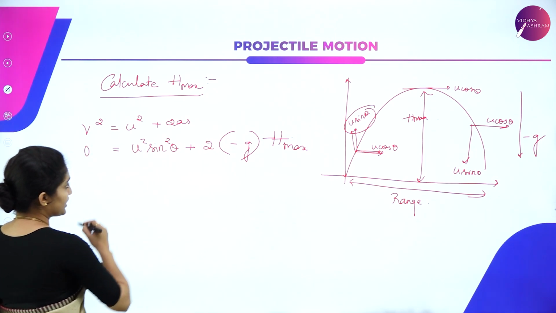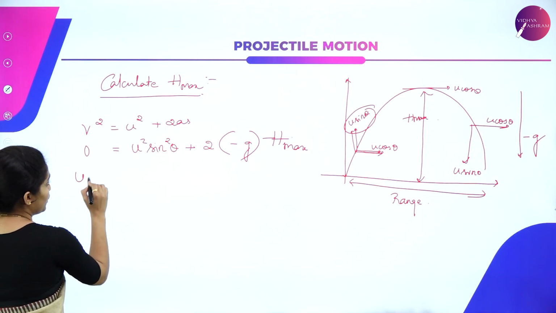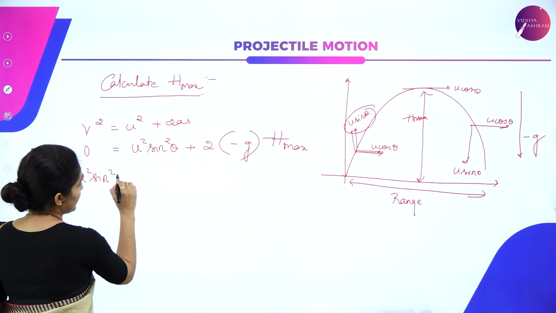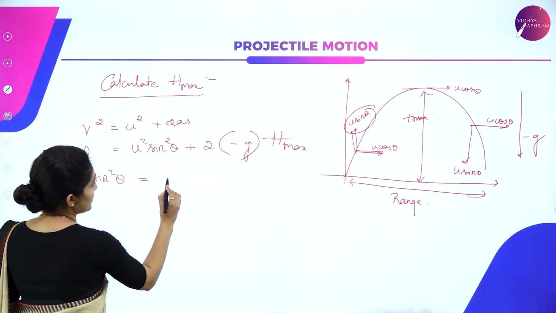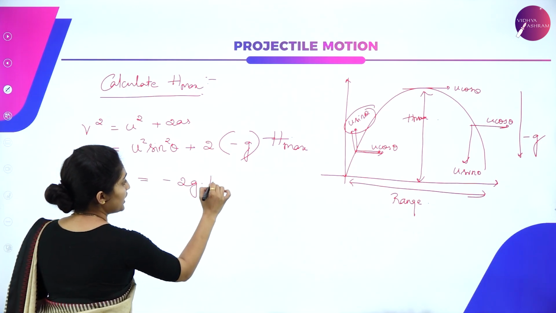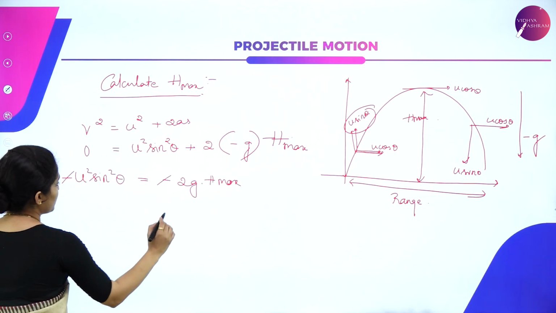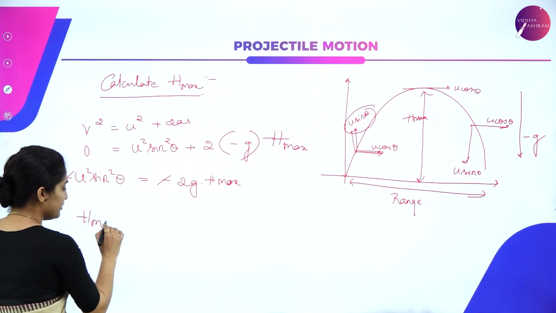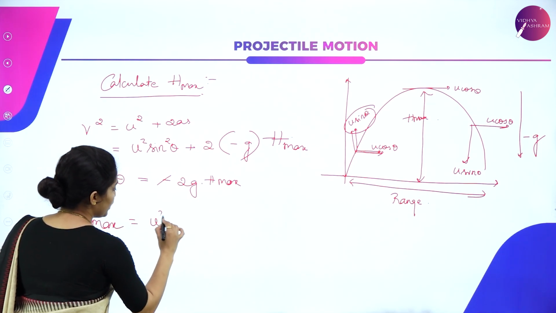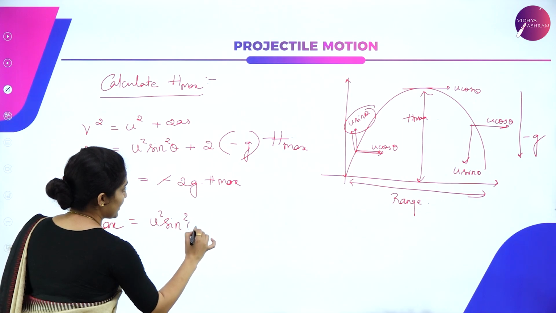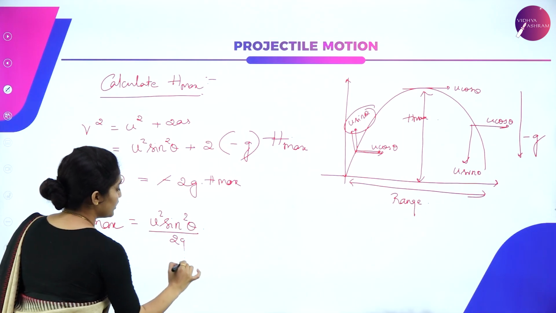Take u square sine square theta, minus is equal to minus 2g h max. Minus and minus cancel out. So how do you calculate h max now? To calculate h max, you have u square sine square theta divided by 2g.